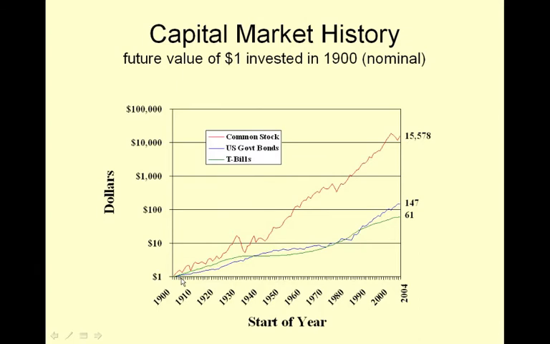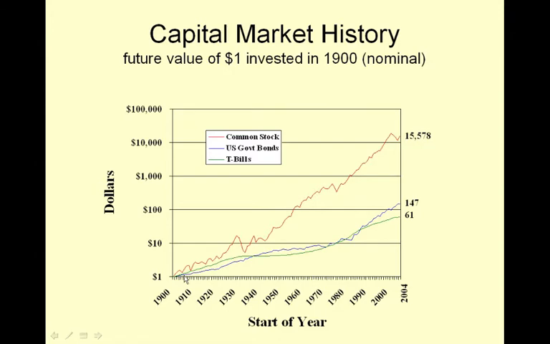The first investment alternative is shown here in this green drab line, and that is Treasury bills. If an investor had put $1 in Treasury bills in 1900, by the year 2004, the investor would have $61.